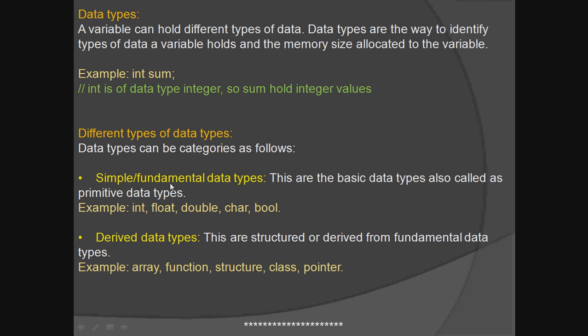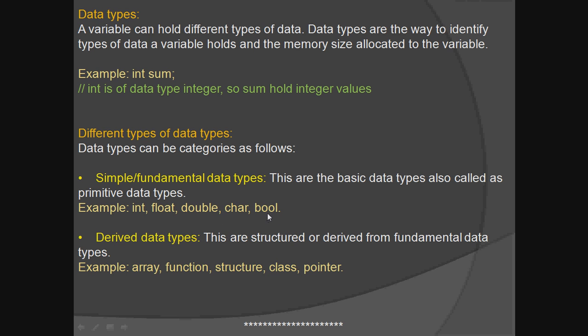Simple or fundamental data types are the most basic data types. They are also called primitive data types, because based on these you can form other data types. Here you have examples such as int, float, double, char, and bool.